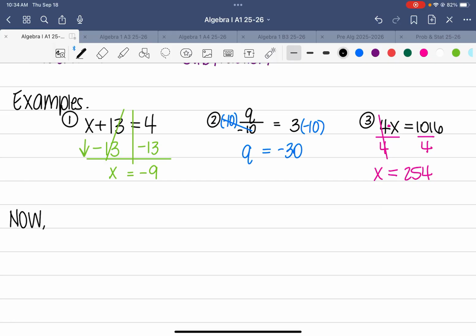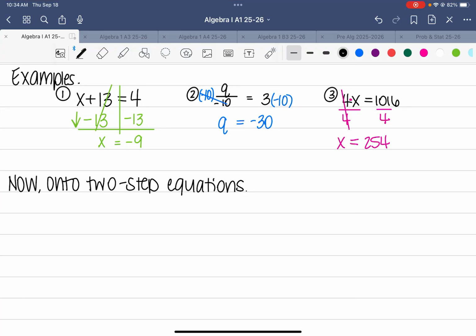So now we're going to go on to two-step equations. This is going to require 2 steps of work. Here's a couple hints that I like to give to students.